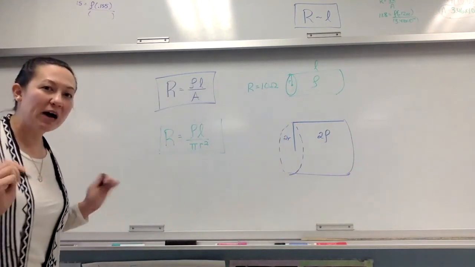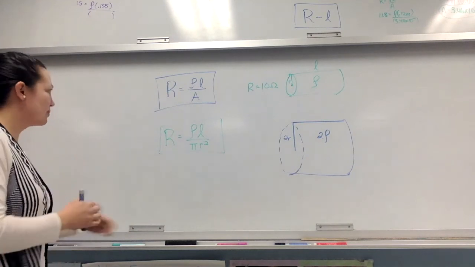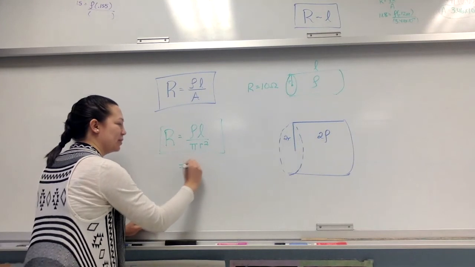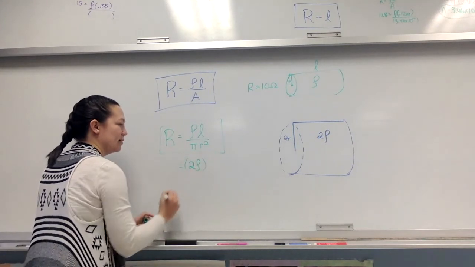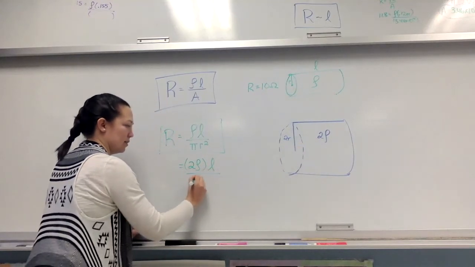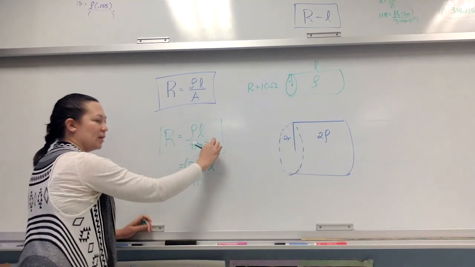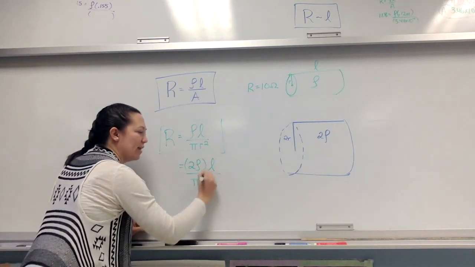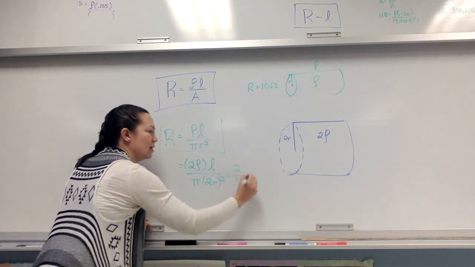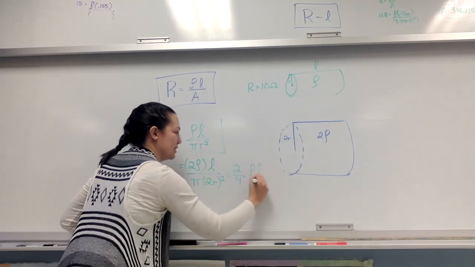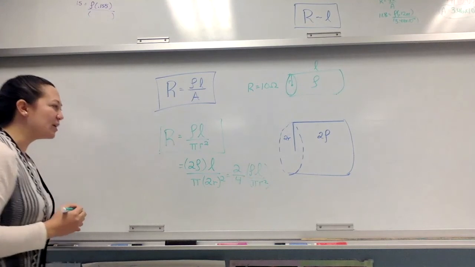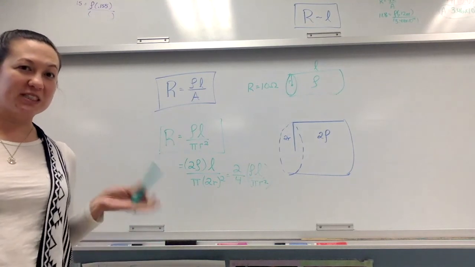Okay, now how would that change? In this case, I would see that the resistivity doubled, so I'd put in 2 rho for resistivity. The length was unchanged, but r doubles. And that r squared on the bottom means that I get 2/4 times the original resistance. So I have half of the original resistance.